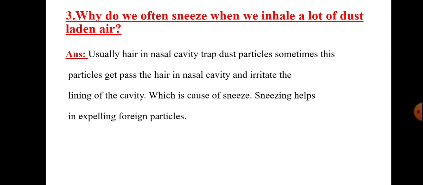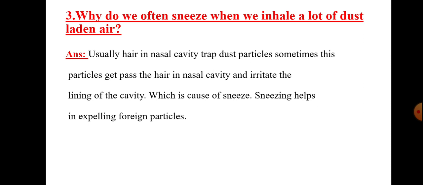In your nasal cavity, some hair-like structures are present. The hairs help to filter the outside air during inhalation. The hairs filter the outside dust particles, so that pure air goes inside and travels to the respiratory system, the windpipe.